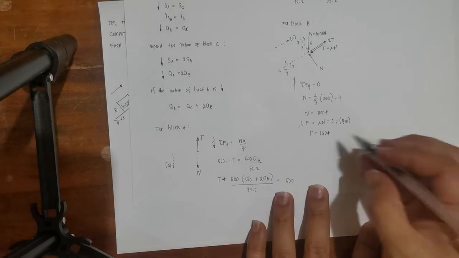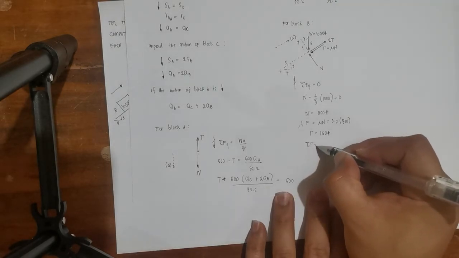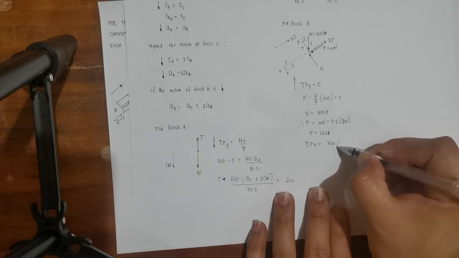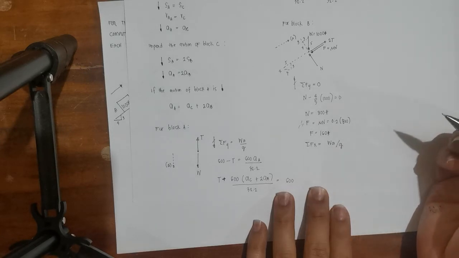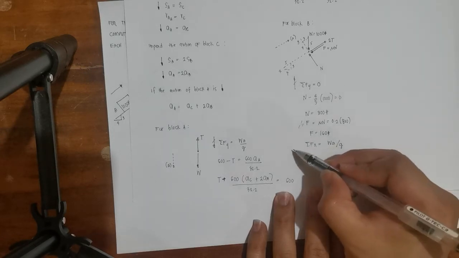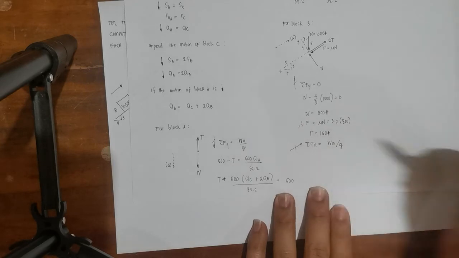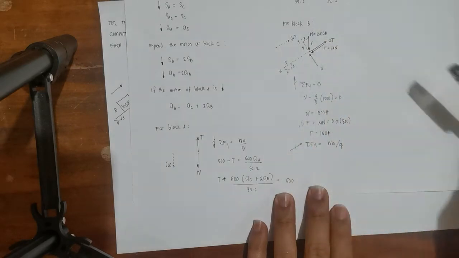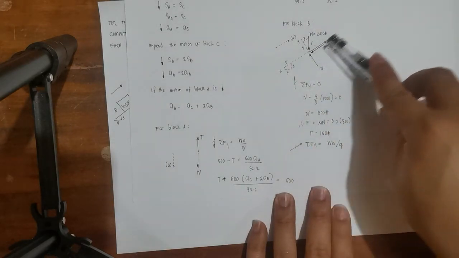Okay, so take now summation of forces along X equivalent to inertial force WA over G. Nasaan yung positive direction? Positive direction should be going upward. Yung assumption natin. So, yung mga upward, 2T.